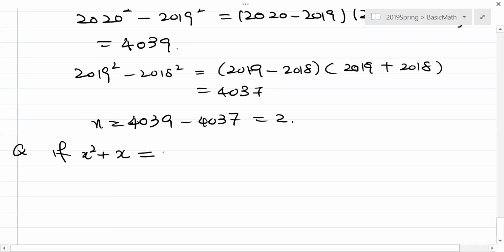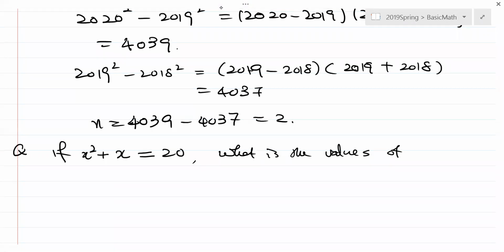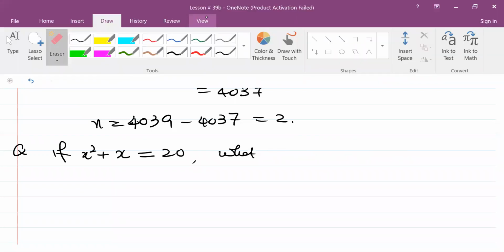All right, so if this is going to be 20, oh, guess and check time. What are the possible values of the following expression? The answer is what? x equals 4, and use guess and check.